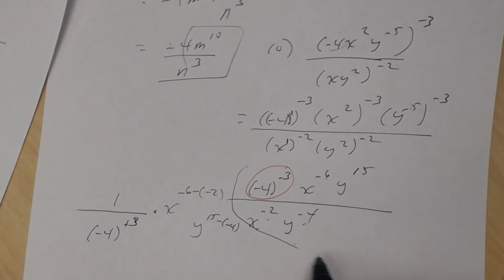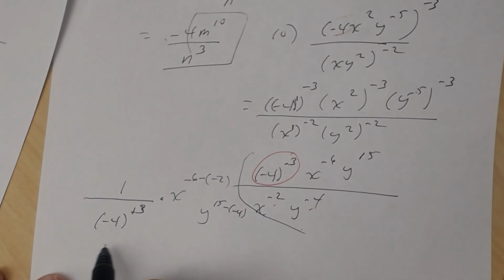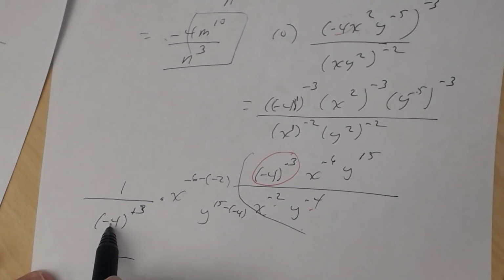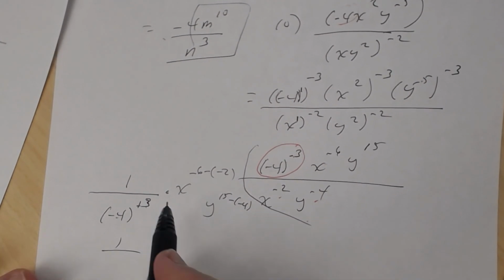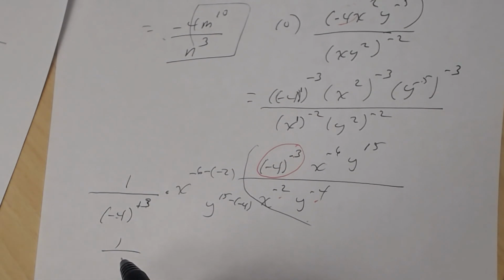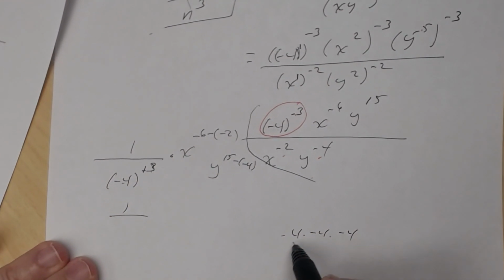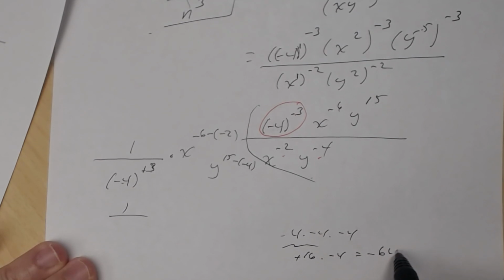All right, so I get 1 over, and then negative 4 to the 3rd power means negative 4 times negative 4 times negative 4. Negative 4 times a negative 4 is a positive 16, and a positive 16 times negative 4 is a negative 64.